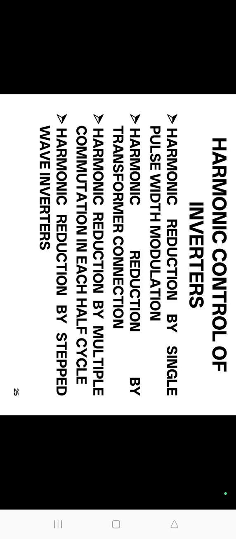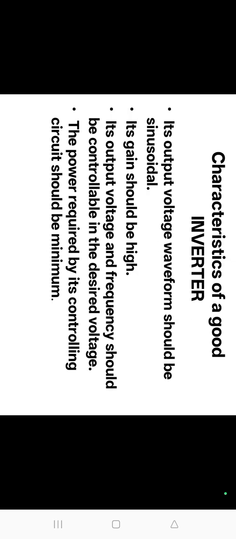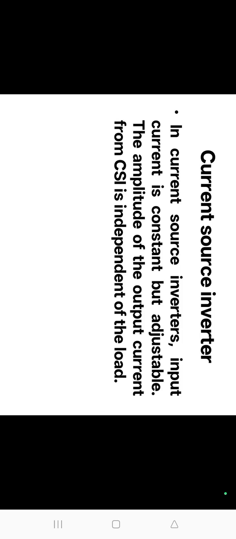Next one is the current source inverter. In a current source inverter or current fed inverter, the current from the source is maintained at an effectively constant level irrespective of the load or inverter conditions.